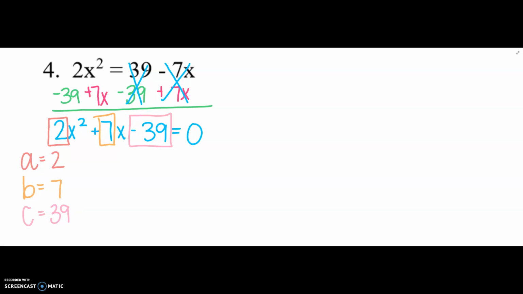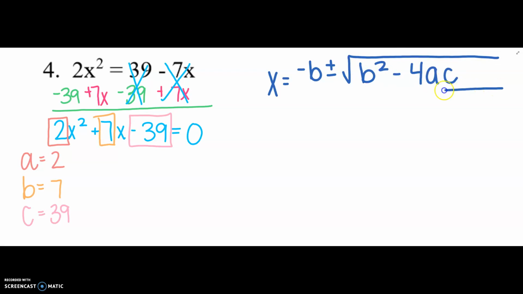Once I've done that, I can plug my problem into the quadratic formula. Remember, my quadratic formula is x is equal to negative b plus or minus the square root of b squared minus 4ac all over 2a. And when I'm plugging in my values to the formula, I want to make sure that I plug everything in parentheses.